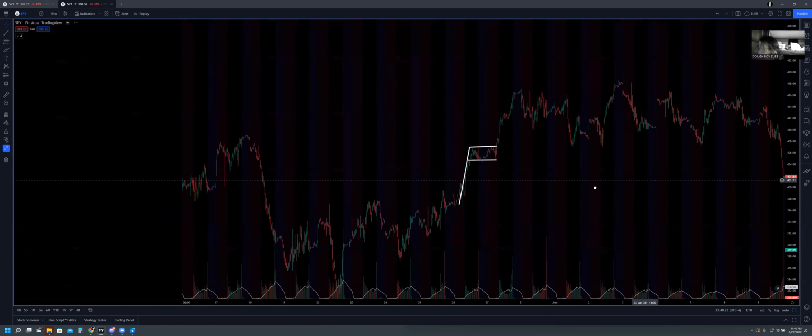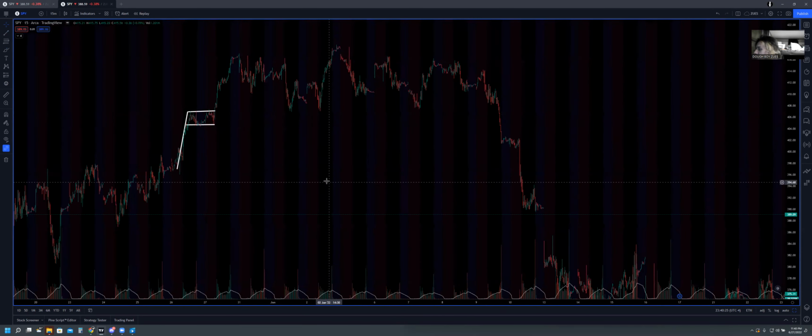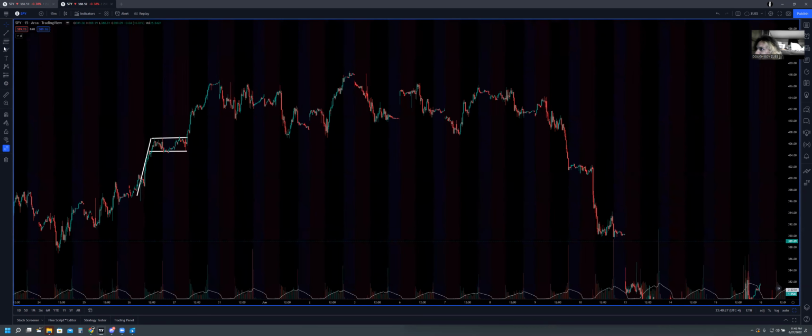You have the same thing that I just showed right here, but the upside version. So right here, sharp move up, sideways consolidation, enter here for the bull flag break. In this case, it was a bear flag break on this side.